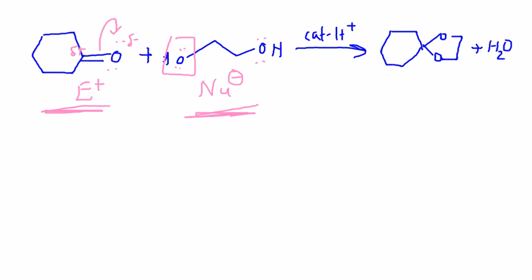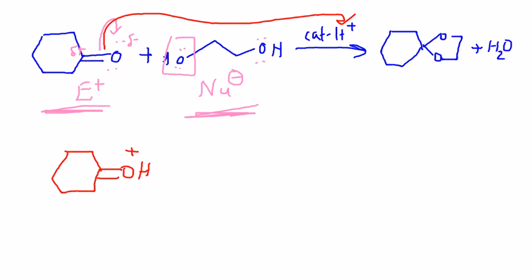You should first notice that since this oxygen is delta negative, it will pick up this proton, and you're going to see a protonated carbonyl. Some people like to use the pi system.